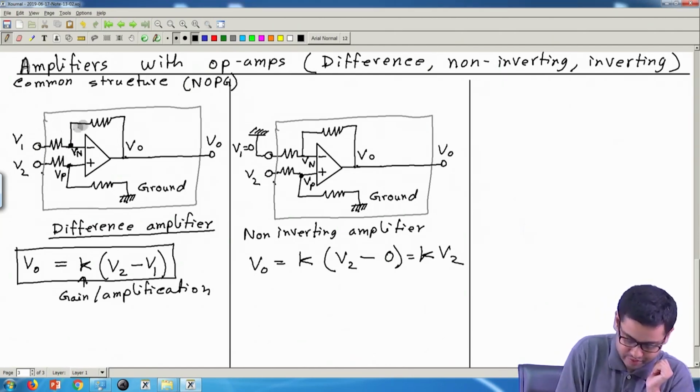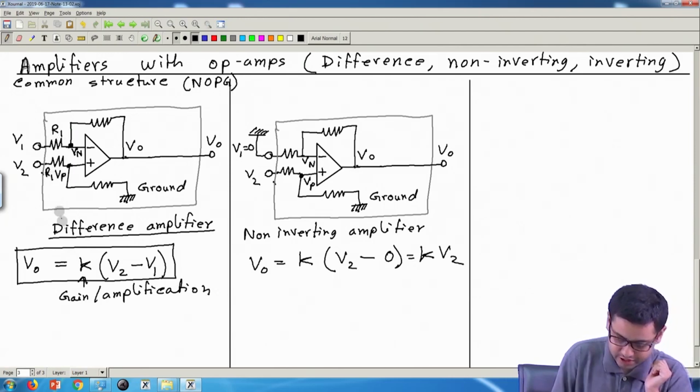So you also remember that the resistances should occur in pairs. If this one is R1, then this one should also be R1, same value. If this is R2, then this should also be R2.